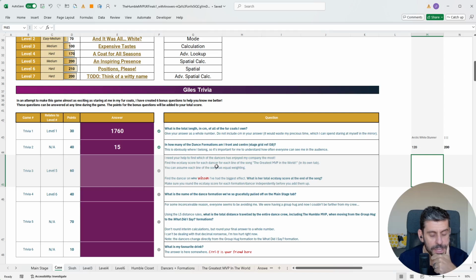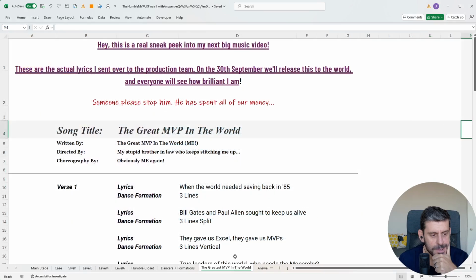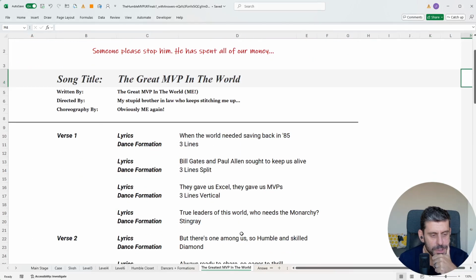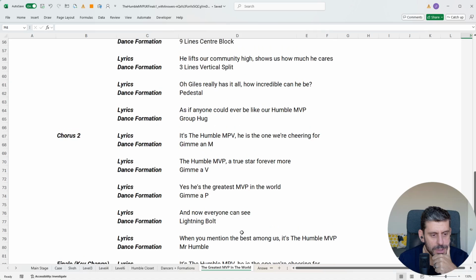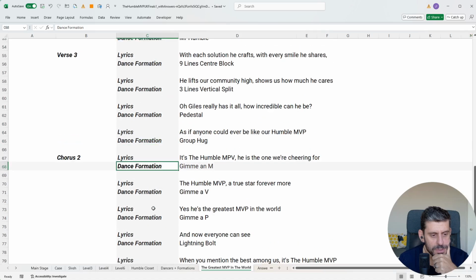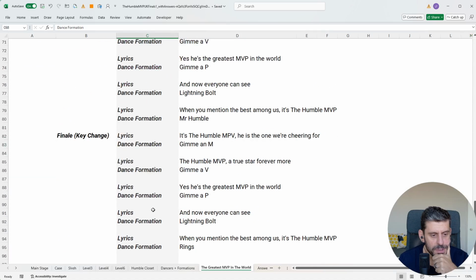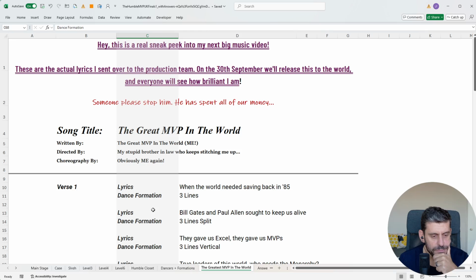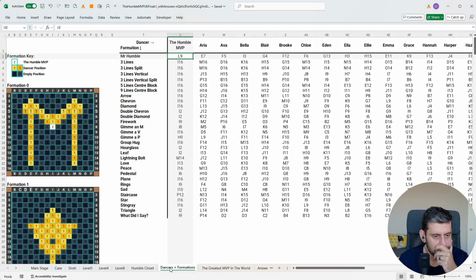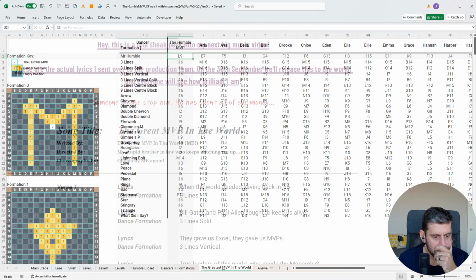Ecstasy score for each dancer, for each line of the song. Okay. Just noticed this, for each dancer. Okay.